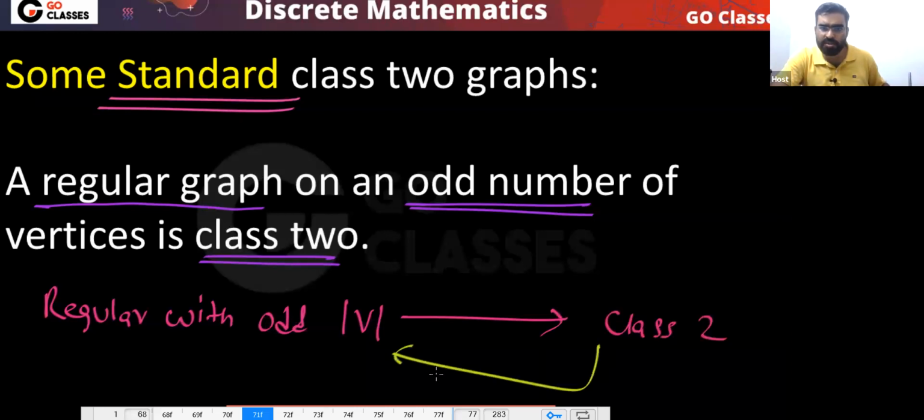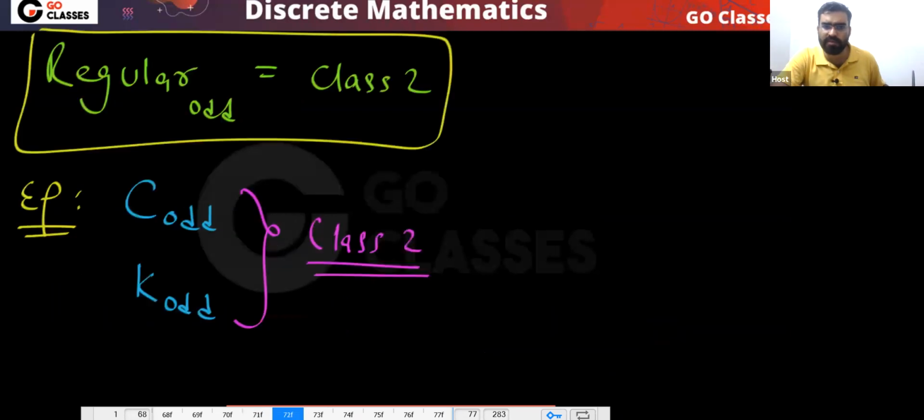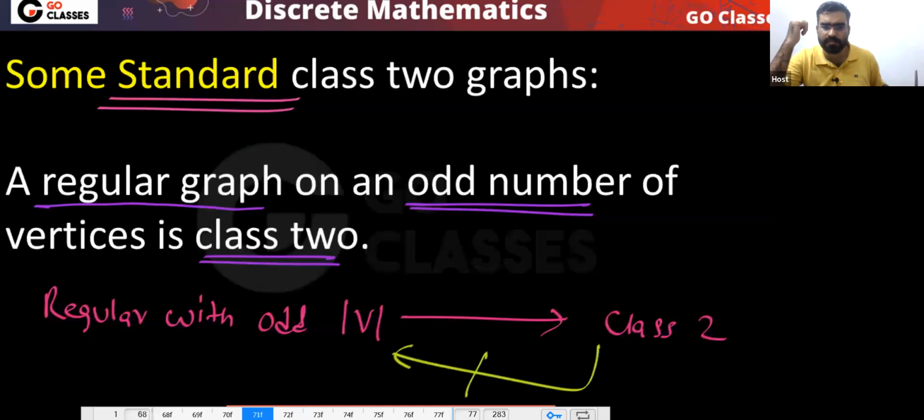But the converse is not correct, so again, only a one-way statement. Is this clear? Can anyone give me a counterexample here? I think a counterexample will not be easy, but anyway, this is a one-way statement.